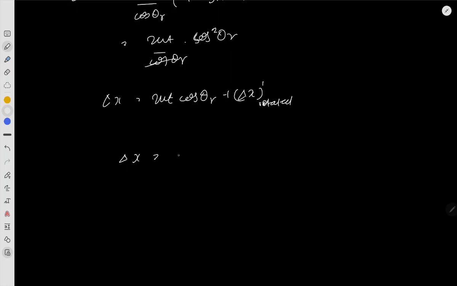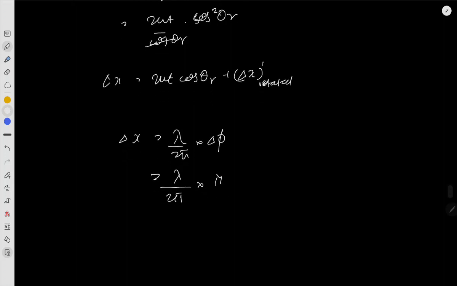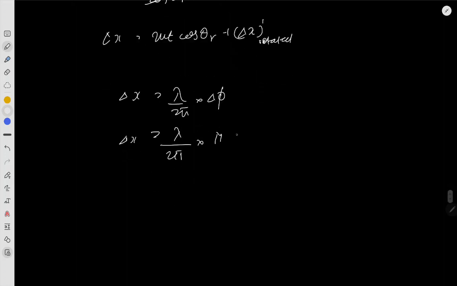So we know that delta x equals to lambda upon 2 pi into phi. So lambda upon 2 pi into the phase difference, which becomes pi, that is 180 degrees. So the path difference over here becomes lambda by 2.